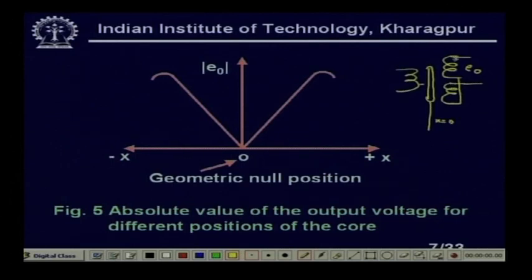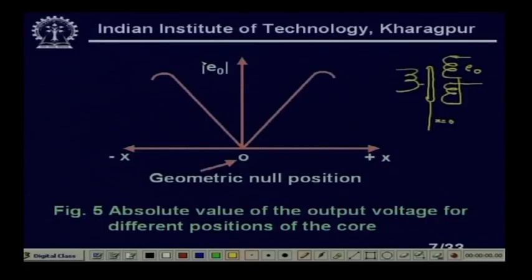Now, if I put the core on the other side of the null position, I will also get the voltage, obviously with a phase shift, but I am taking the magnitude. So, I cannot identify the phase shift if I take just the absolute value. So, you see that I will get a curve like this one, and you see it is falling down, because at that position I am taking the core totally out of the bobbin.